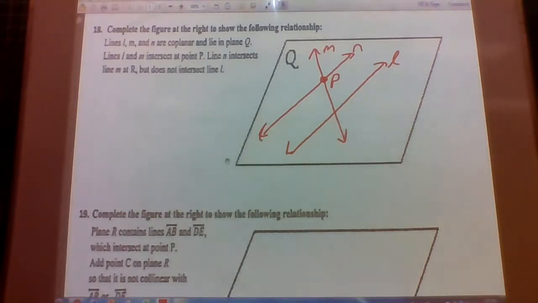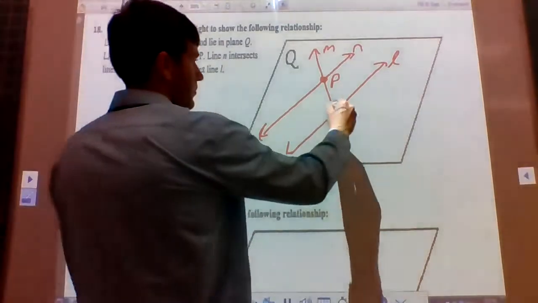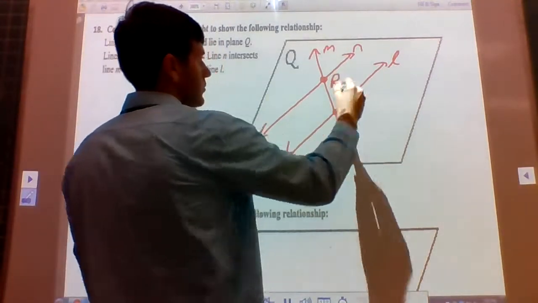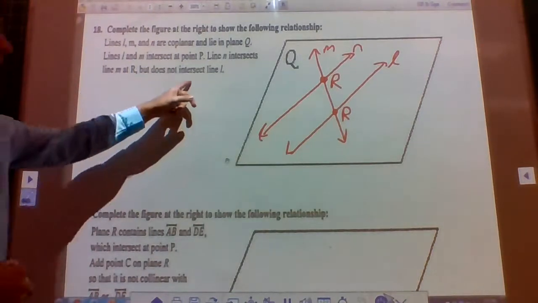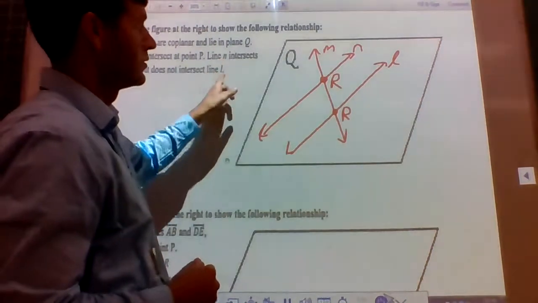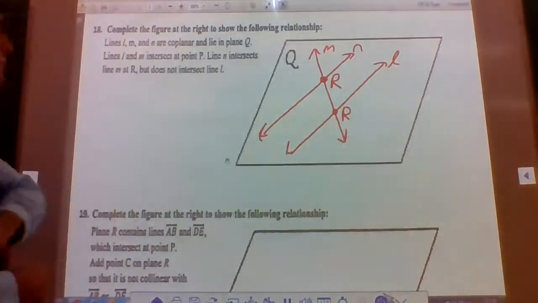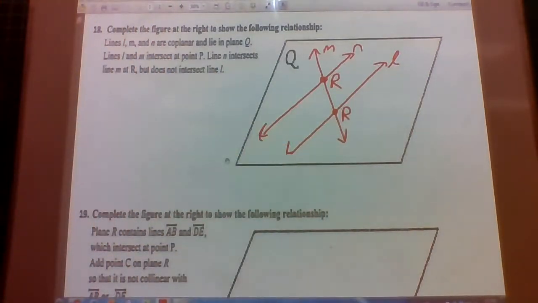L and M intersect at point P. And then N and M intersect at R, but N does not intersect L, so they're parallel there. So there we go. That one's good.